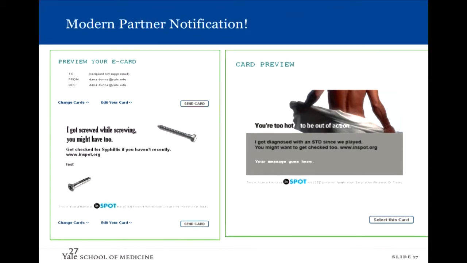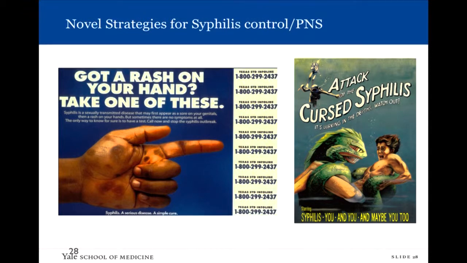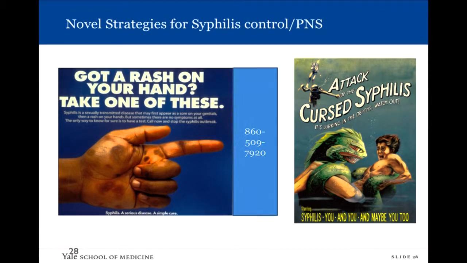So this is an example of an email program called InSpot, where if the patient knows the partner's email, they can pick from any variety of STIs that they might have exposed the person to and send them an email, and it sends them, according to what city you're in, even links to where they can get tested and treated.